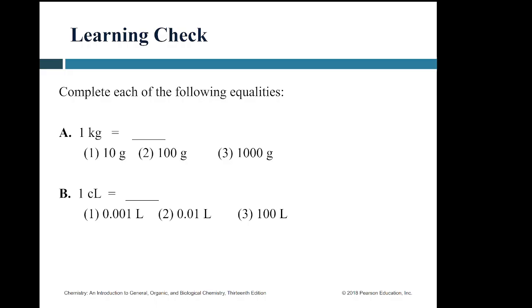1 kilogram equals what? 1,000, 3 zeros. 1 cL. What does the cL stand for? Small c. If we get a cc, what is that? Yeah, centi. So this is a centiliter, isn't it?